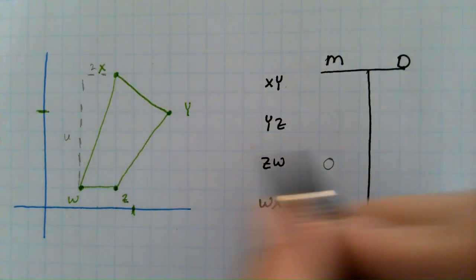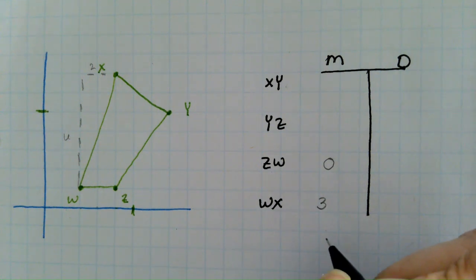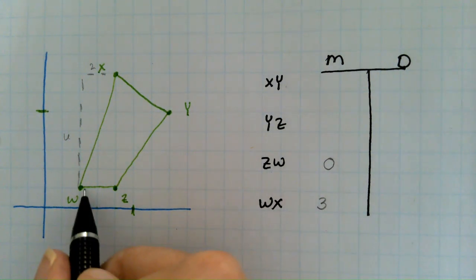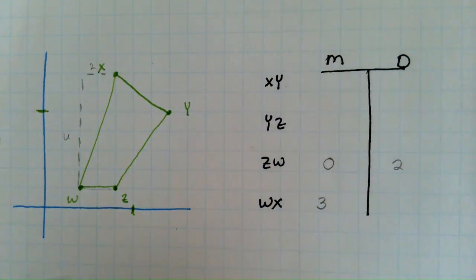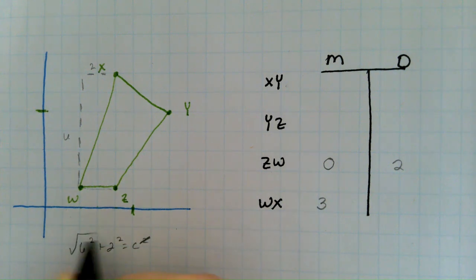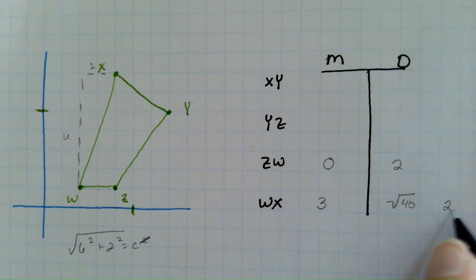So that's W and X, slope of 3. Now, I'm going to go ahead and do the distance at the same time. For WZ, it was easy to see the distance of 2. For WX, a squared plus b squared equals c squared, so we'll just square root that. That would be the square root of 40, or if you needed it simplified, 2 square roots of 10.